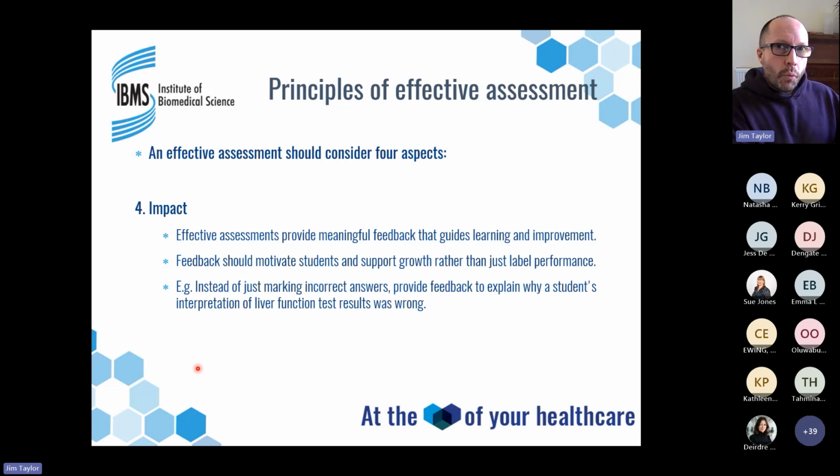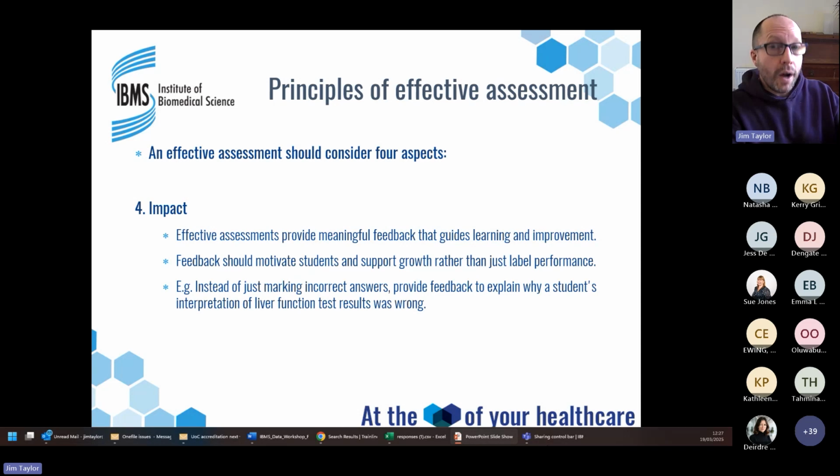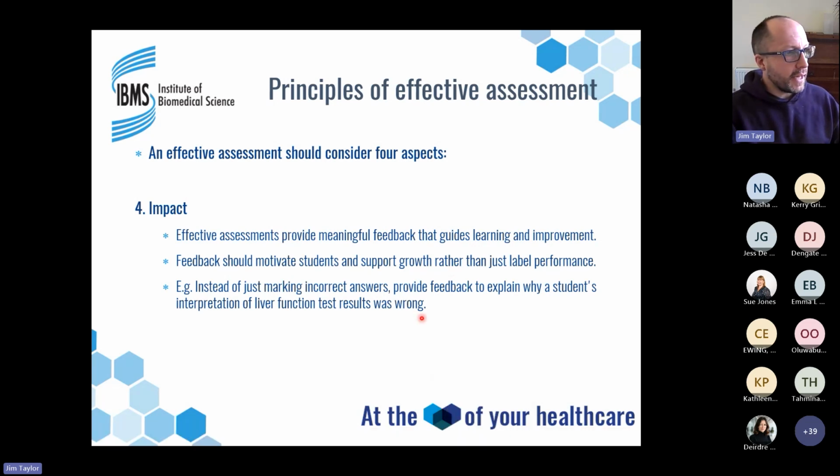But as well as saying what a student's got wrong, you also need to say why the student went down that incorrect path, or why you have provided the critical feedback in the way that you have. Because it's only in the student's understanding of why you have given that feedback that the work is wrong, that they will be able to reflect on that properly and develop for the next stage.